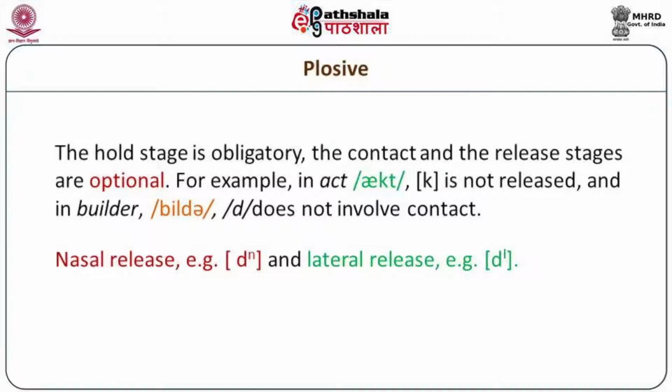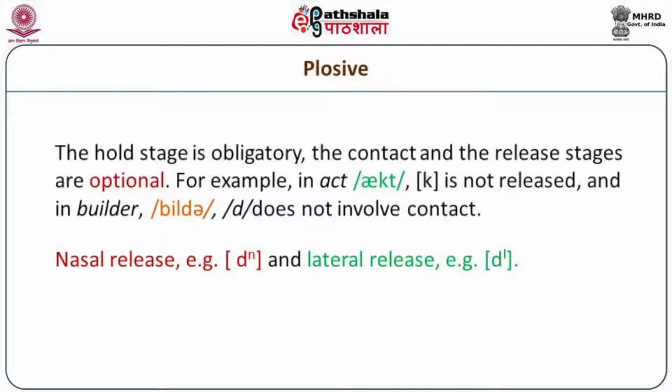Thus, only the hold stage for p and the release stage are there, but the contact stage is not, because it was there for the previous sound. Thus, for plosives, we have the hold stage, which is the most important. It is that stage which leads to the rise in the air pressure for the plosive sounds to be produced.